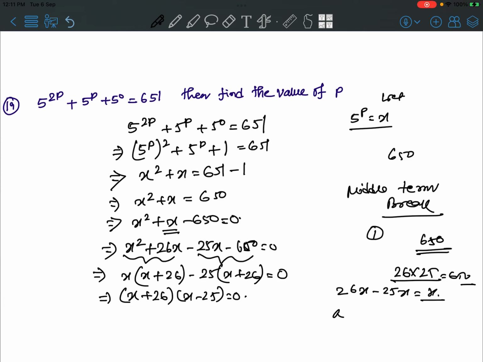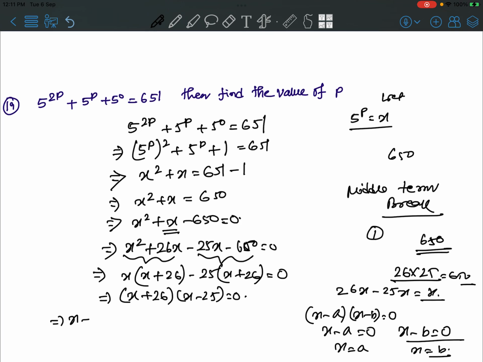That means if x minus a into x minus b equals 0, then x minus a equals 0 and x minus b equals 0. That means x equals a and x equals b. In this case, x plus 26 equals 0 and x minus 25 equals 0. That means x equals 25 and x equals minus 26.